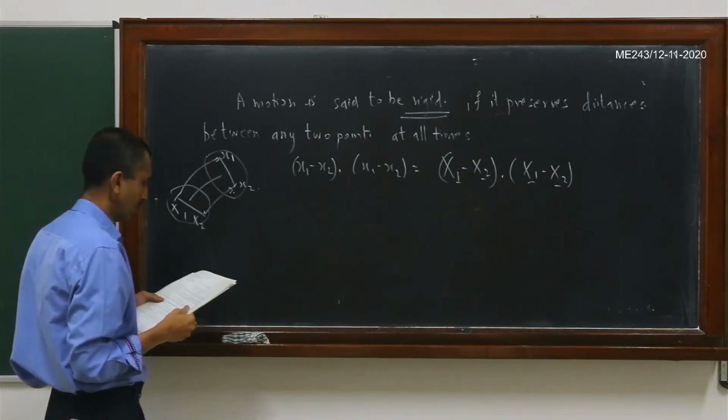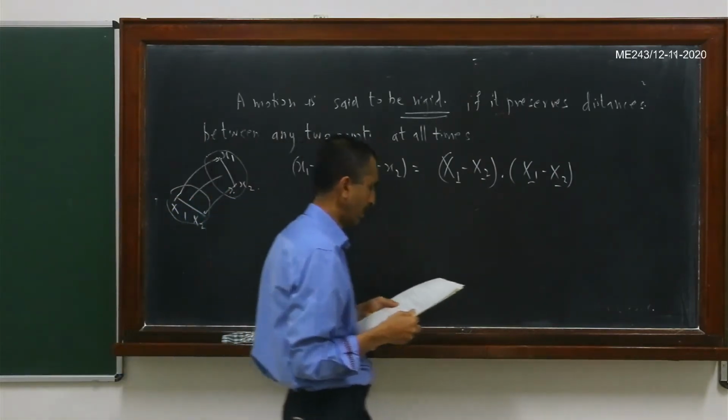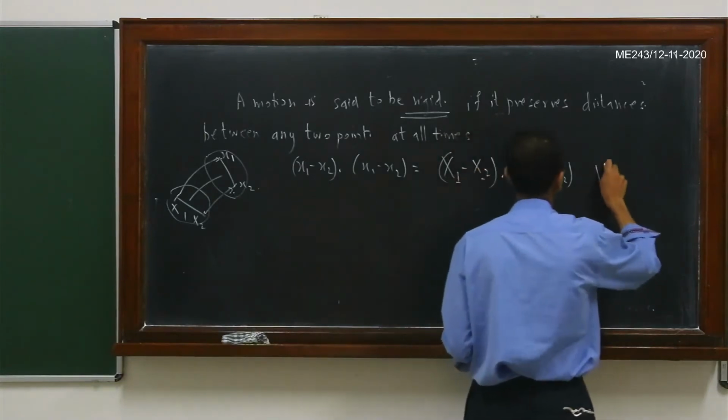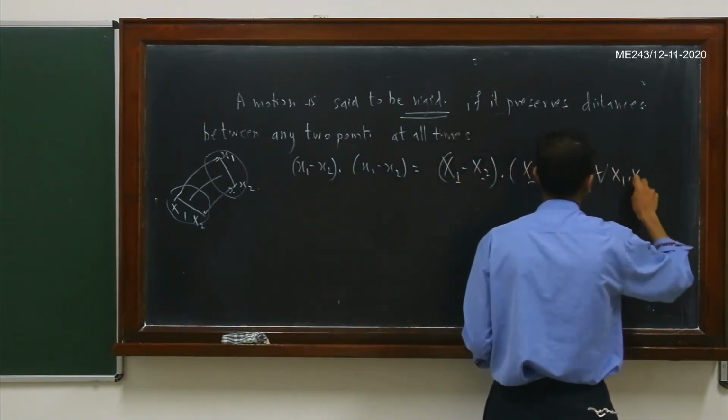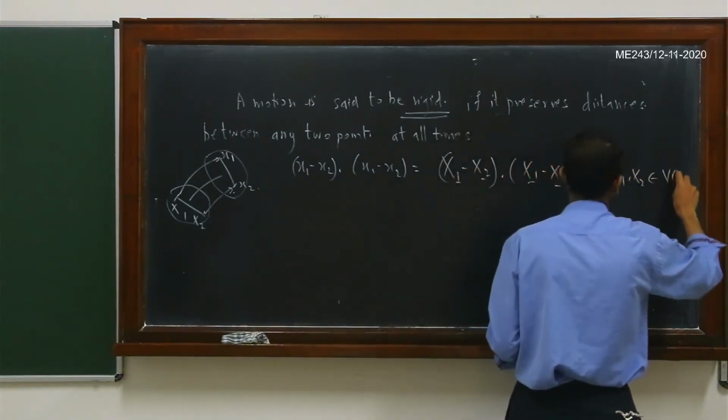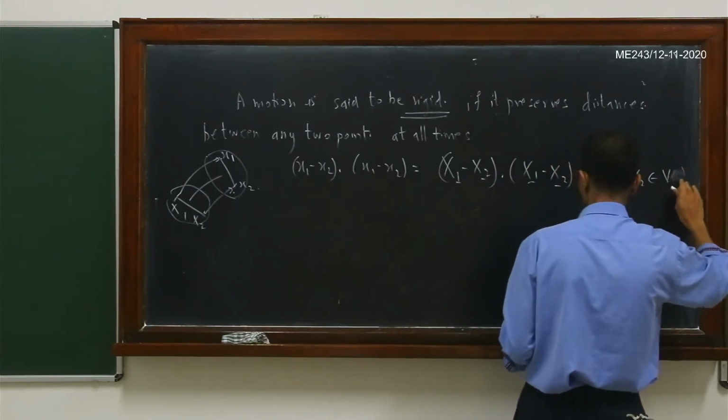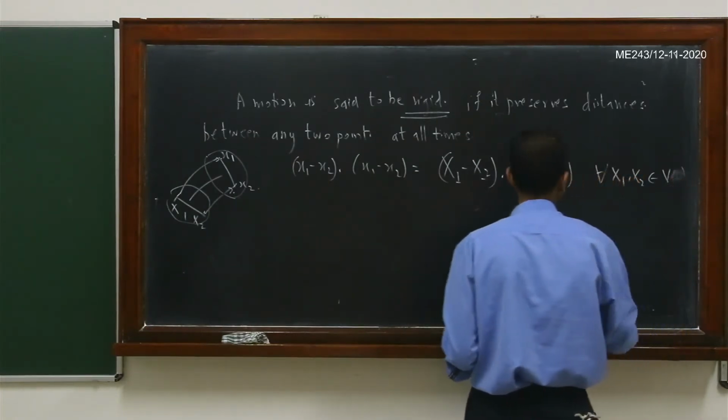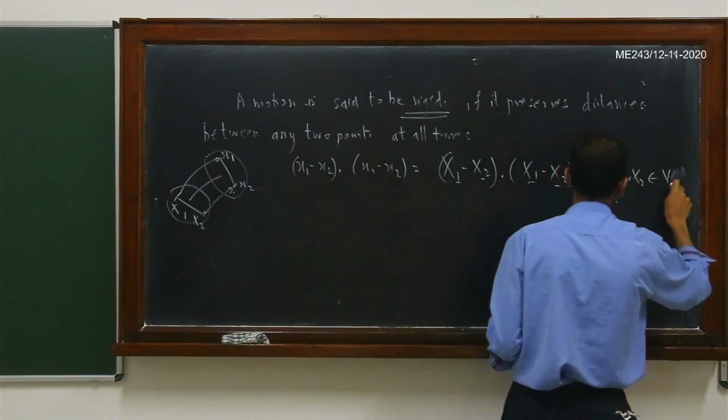Then it is said to be a rigid motion for all x1, x2 belonging to V, and for all t greater than or equal to 0.